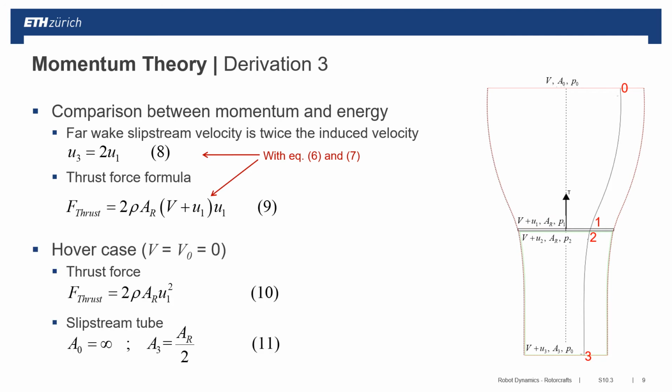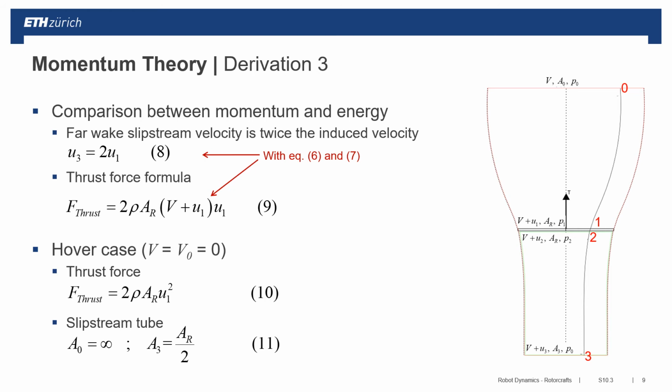Furthermore, in hover, we can assume that the inlet speed V is 0. This means that equation 9 is further reduced, and we directly see for the thrust that it is equal to twice the density multiplied by the surface area at the rotor and multiplied by the speed squared at the rotor. This looks familiar.